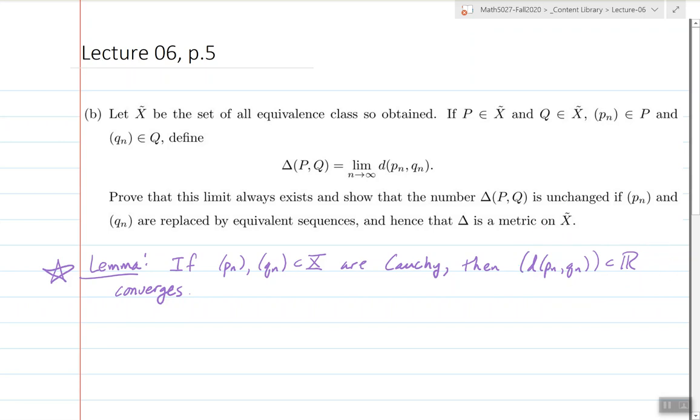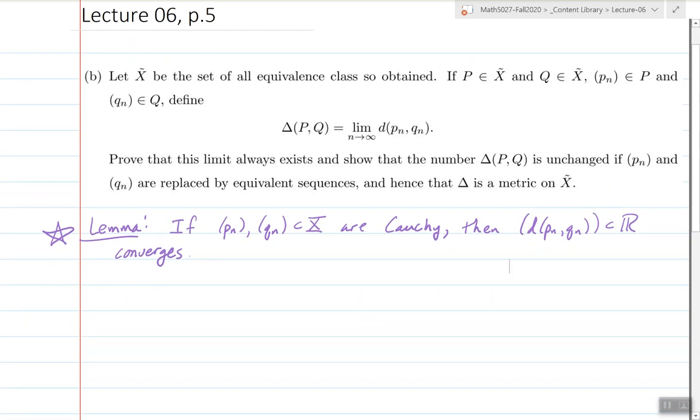So you'd have to figure out how to show that. Those are necessary things that you have to prove first in order to show that this operation, defined this way, is actually defining a metric. So I'll write it out like this, that delta is defined on X tilde cross X tilde into 0 to infinity. That this defines a metric on X tilde.